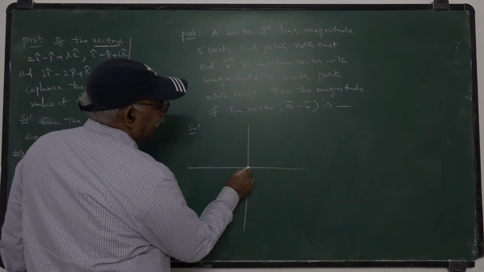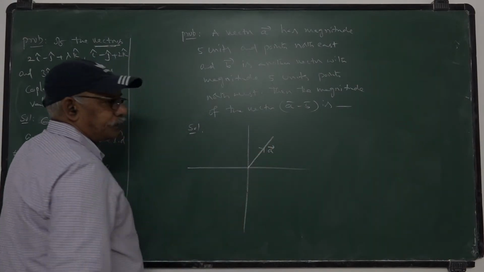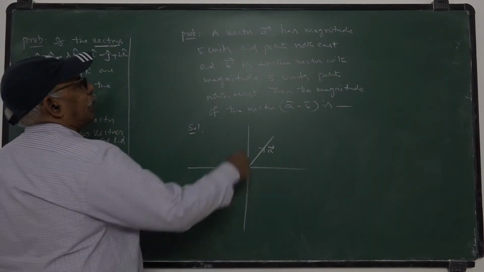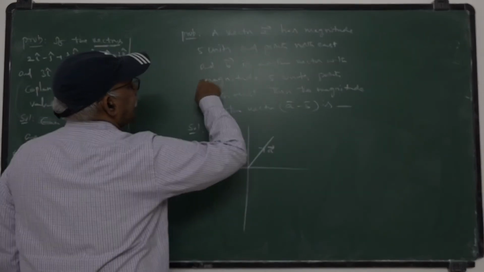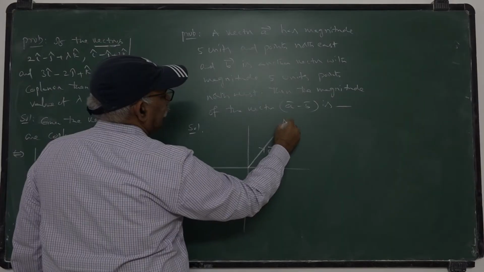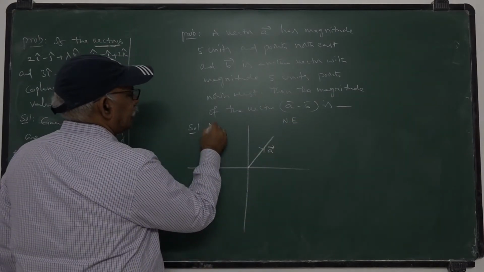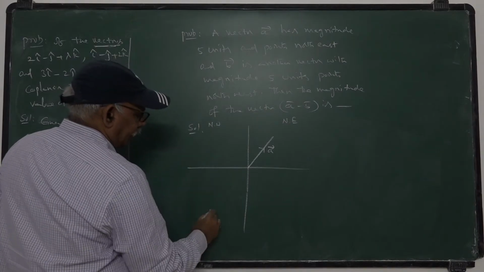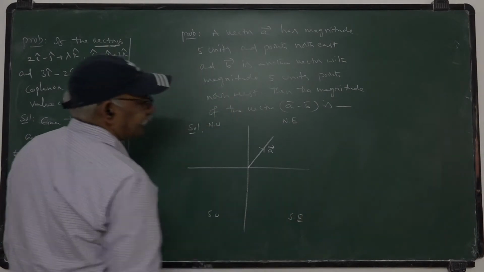Let us suppose this is one vector. I am taking it right from origin itself. A bar has magnitude of 5 units and points northeast. This direction is northeast. This direction is northwest, southwest, southeast.